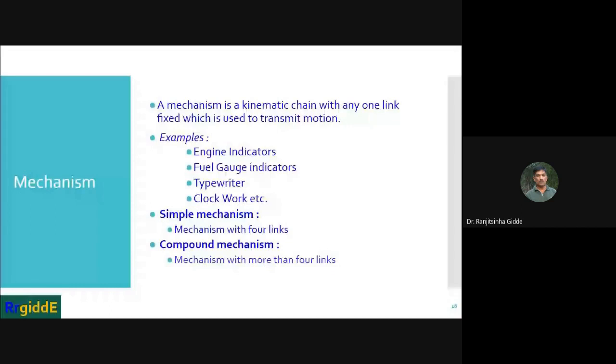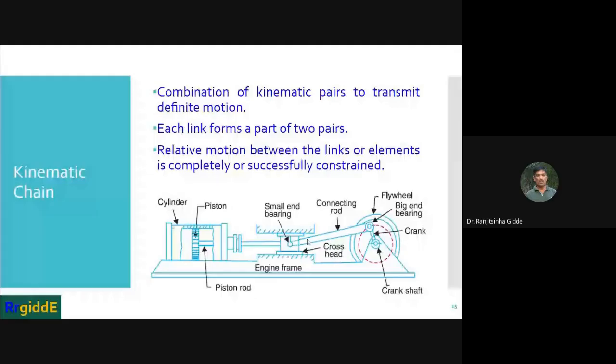So what is the meaning of this? Here you can see this is a turning pair, the bearing and the connecting rod. Their turning takes place here, bearing and the connecting rod. Again this is called a turning pair. This is the engine frame and the crank, there is a turning pair.